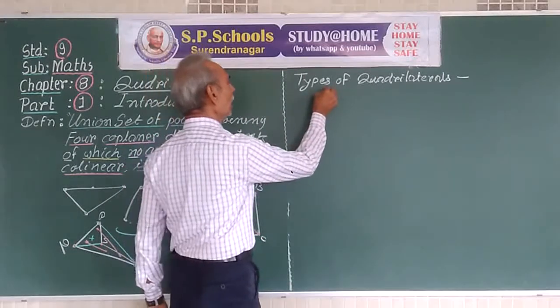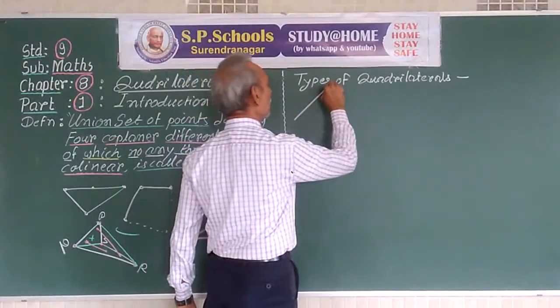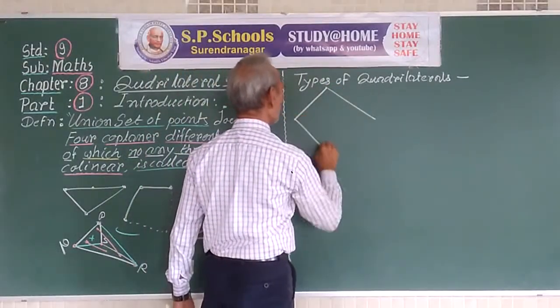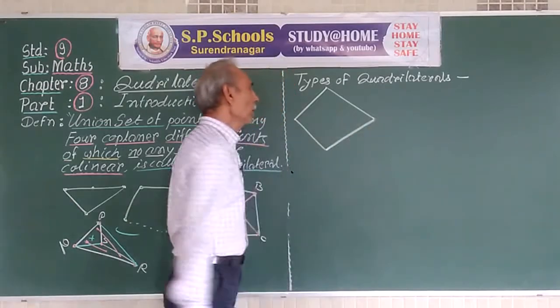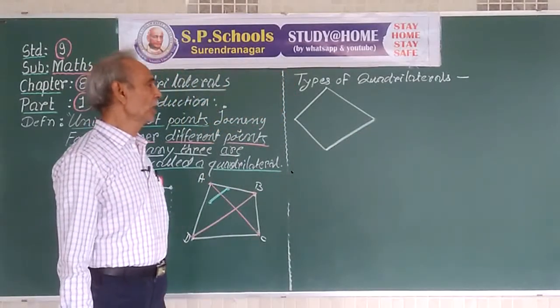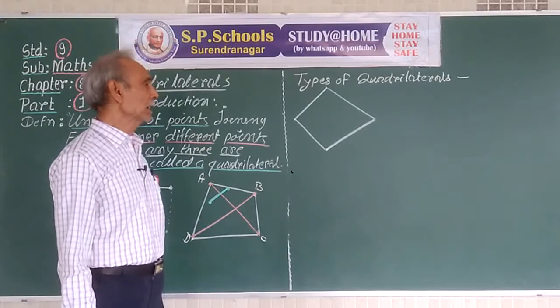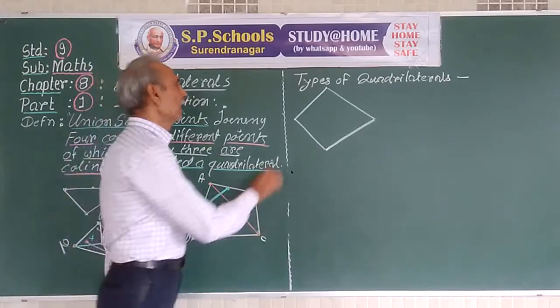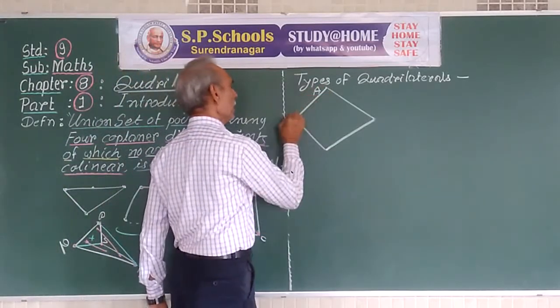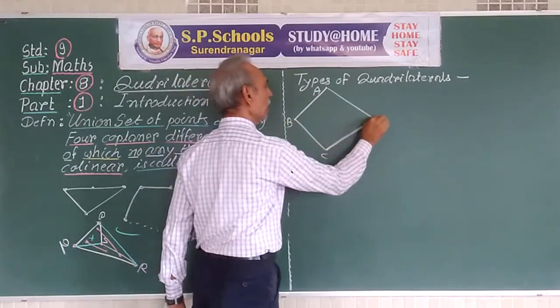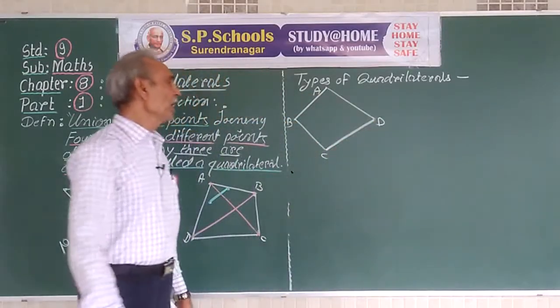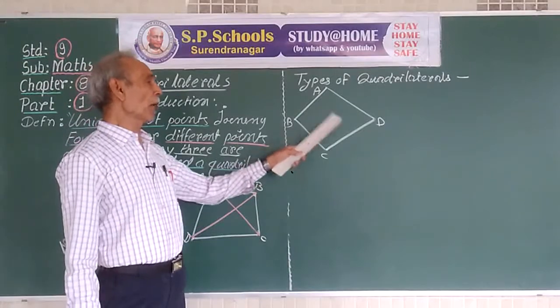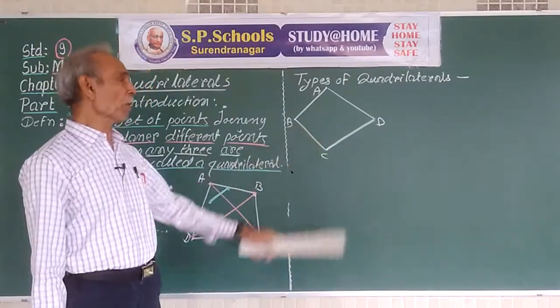A quadrilateral is a figure of 4 sides, 4 vertices, A, B, C, D. It makes 4 angles. It is a convex type of figure.